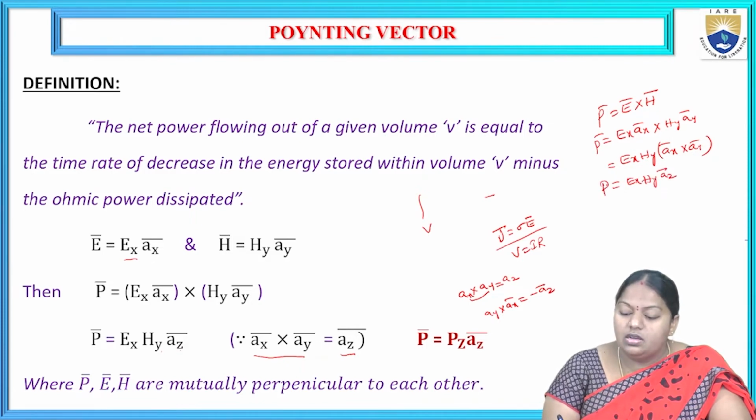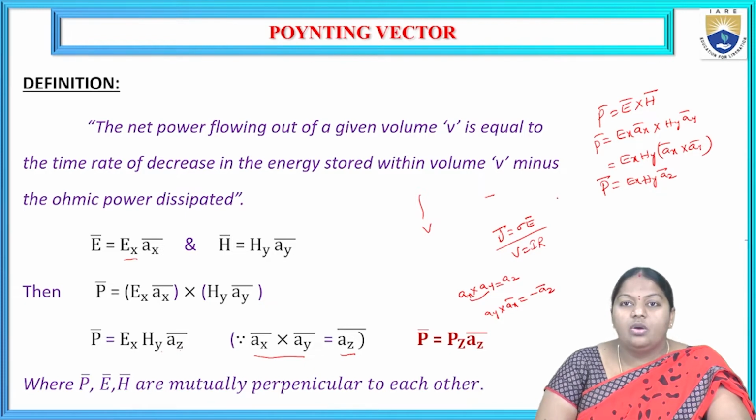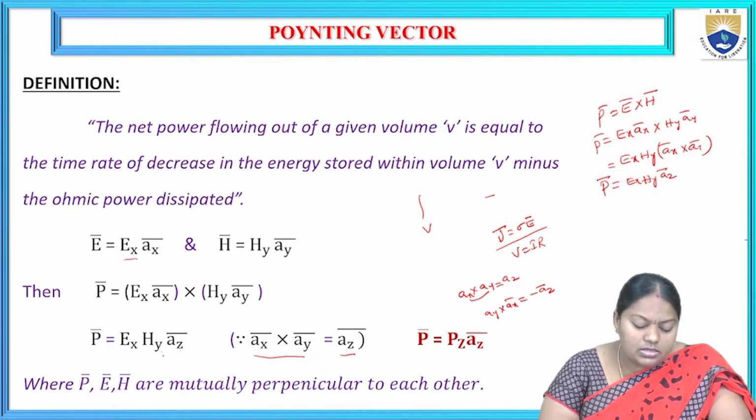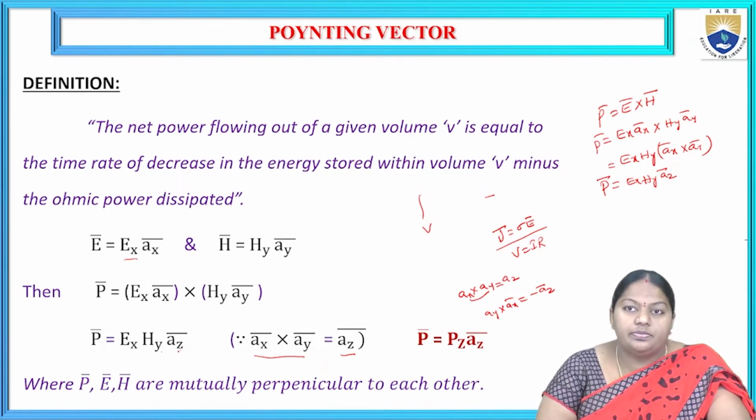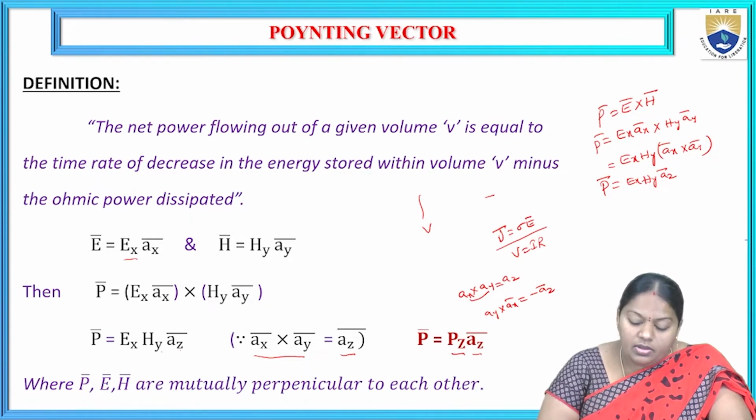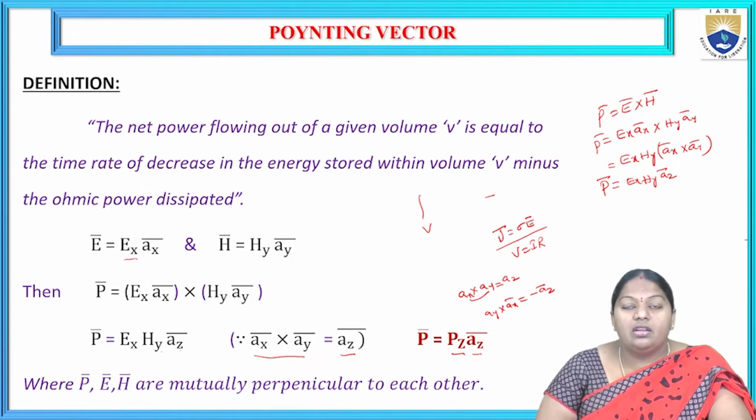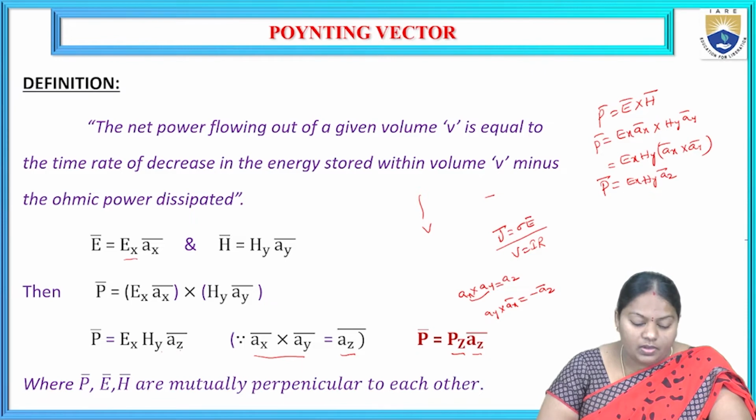This is nothing but P bar. The Poynting vector is given by Ex into Hy into Az. Right? Or simply we can write it as P bar equal to Pz into Az bar. This is the way we assume that the electric field intensity vector E bar, the magnetic field intensity vector H bar and the Poynting vector P bar are mutually perpendicular to each other. Right?